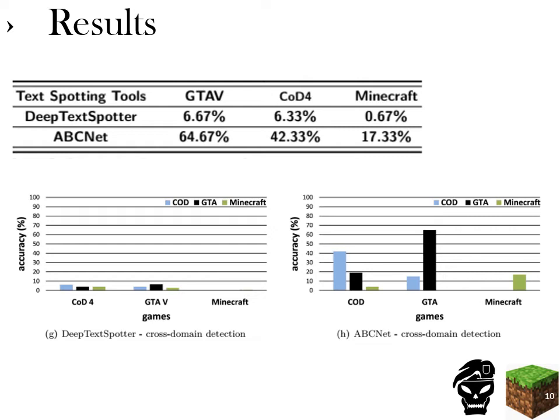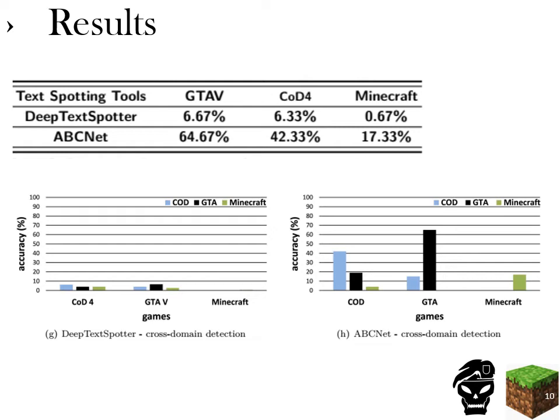But when you use that same tool in GTA 5, the performance is between 10 and 20%. Likewise, for GTA 5, if I retrain ABC-NET, I go up to 64.67%. But when I use that same tool, retrained on Call of Duty 4, performance is between 10 and 20%. So the benefit is marginal, it's not that significant.